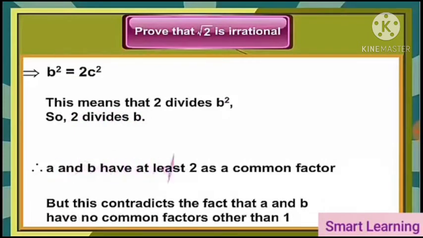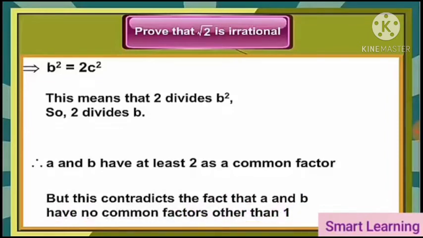Therefore, a and b have at least two common factors, that is, factors 1 and 2. But this contradicts the fact that a and b have no common factors other than 1, as they are supposed to be co-primes.